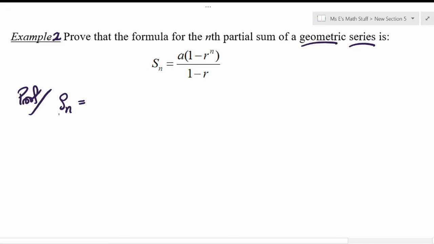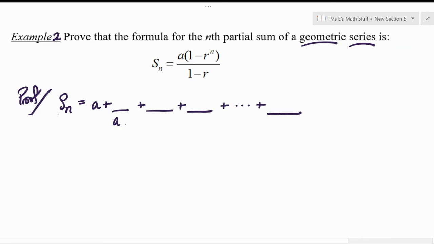Between now and the next video, let's say the first term is A. I'd like you to show what the second term and the third term are, and go ahead and show the fourth term. And then this is going to be the sum of the first n terms, so go ahead and show what the nth term would be.